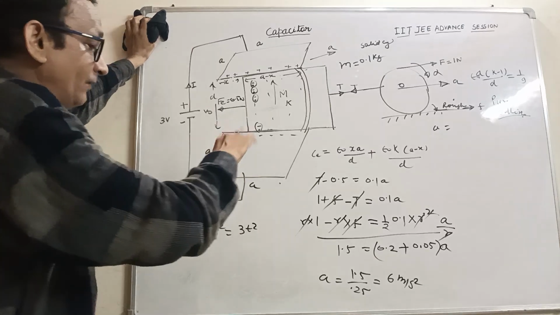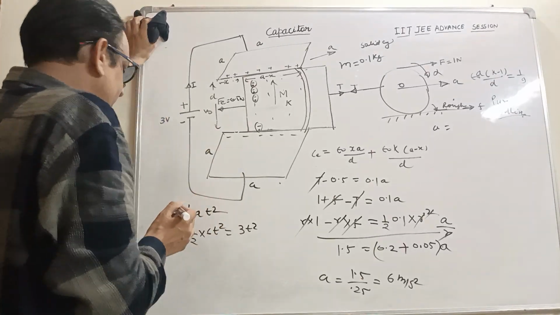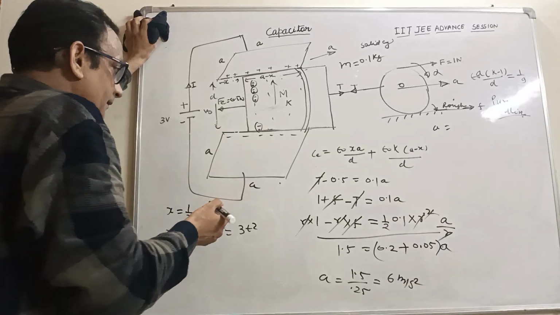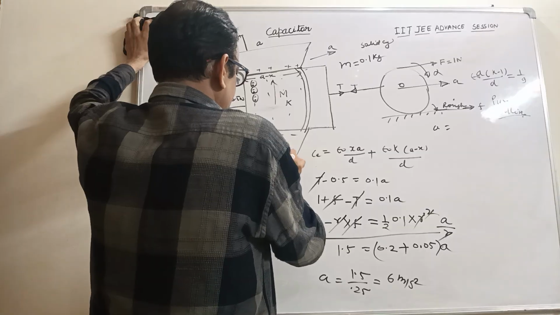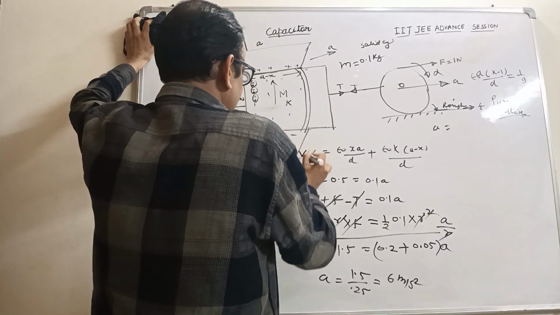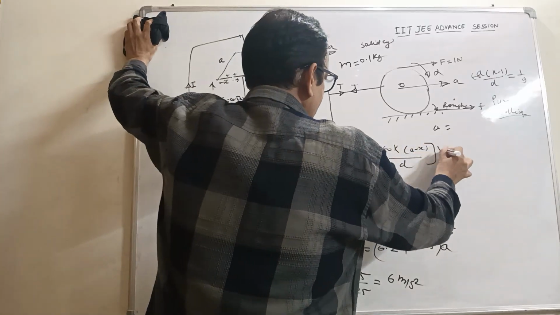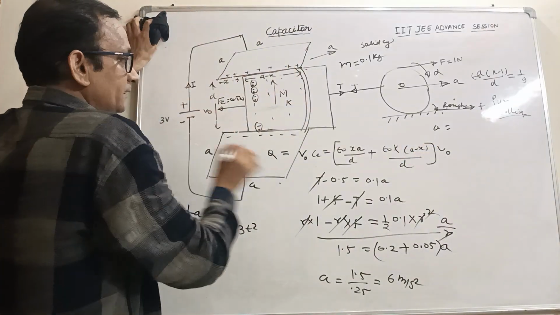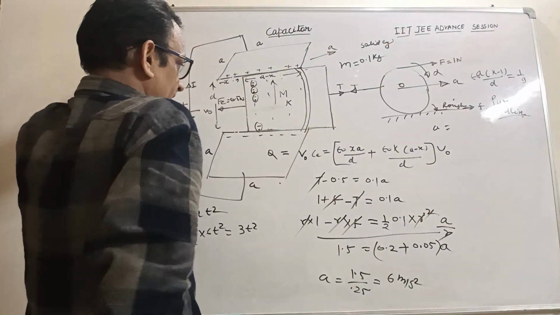So we have to find the current here. So we know Q is equal to CV. So charge Q would be CV, multiplied by V naught, CV naught. Here voltage is V naught. So CV naught would be the charge.